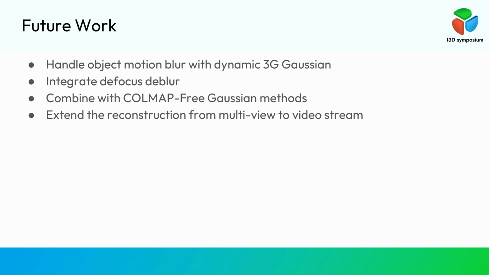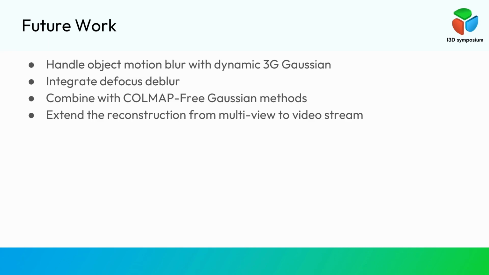Okay, and also one of the future works would be to combine with the COLMAP-free Gaussian method, since the existing initializations are derived from structure from motion, and if they are COLMAP-free, then the entire optimization will be more integrated.